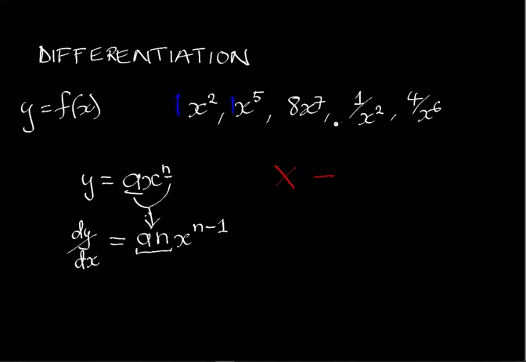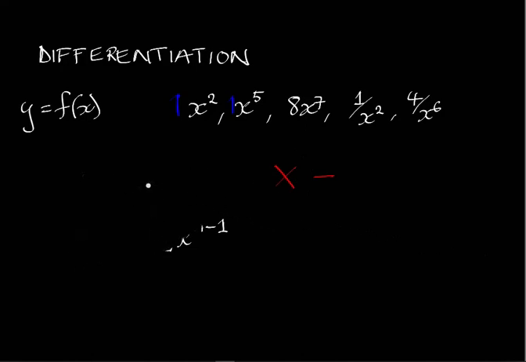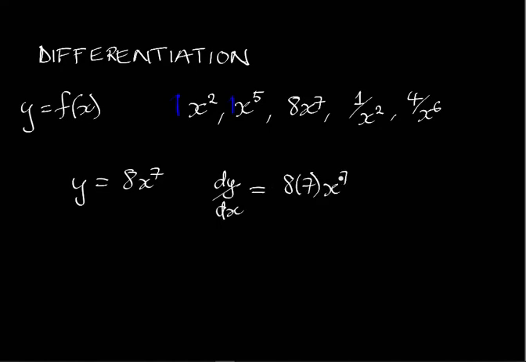Let's work with this 8x to the power 7 and see what it's going to give us. If our function is 8x to the power 7, and we want to find the derivative, or differentiate it, we'll say that dy dx is equal to, we multiply this number and the power, so 8 multiplied by 7, then x to the power 7 minus 1.